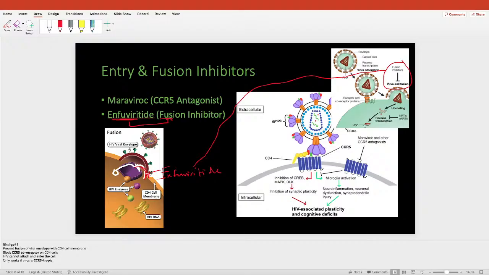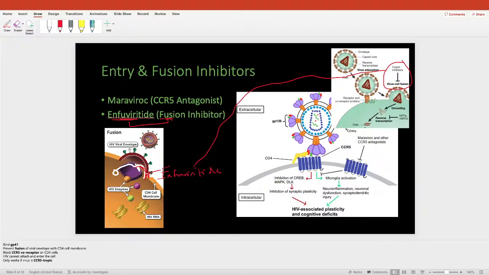And then the other one is the entry inhibitor, maraviroc. Maraviroc is interesting because it binds to another receptor, the CCR5 receptor, so it's going to be an antagonist to the CCR5, so the virus can't bind to that part.